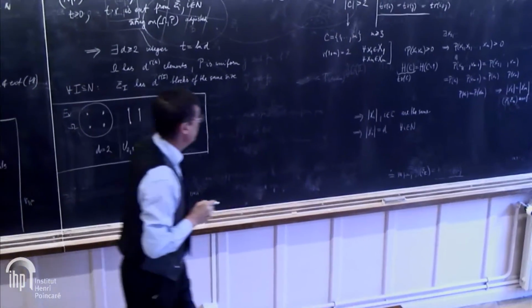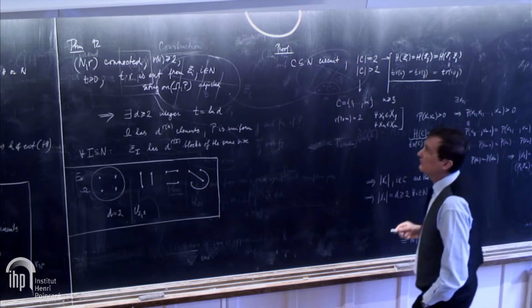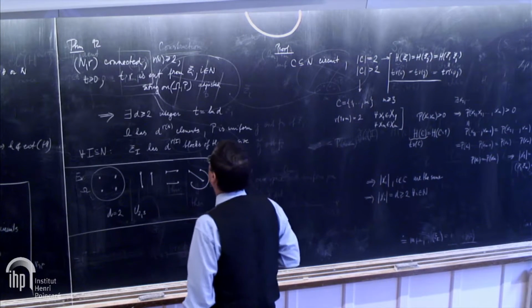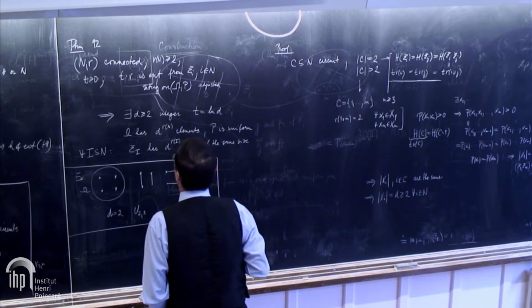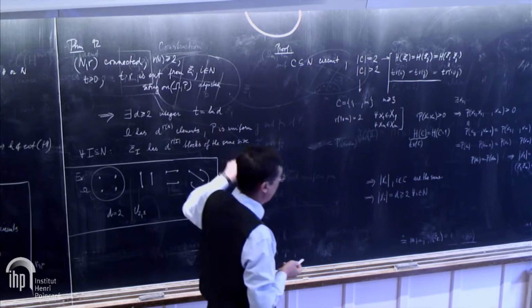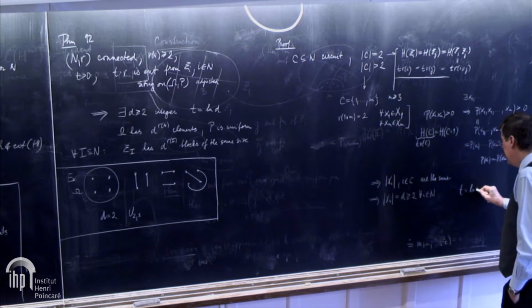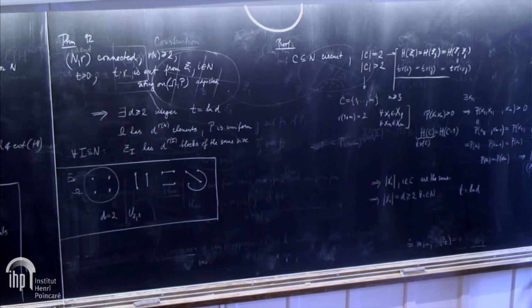Yes, variables are non-constant, so that's why D is at least 2. And then I can conclude T is equal to log D because this is the entropy of each individual variable.